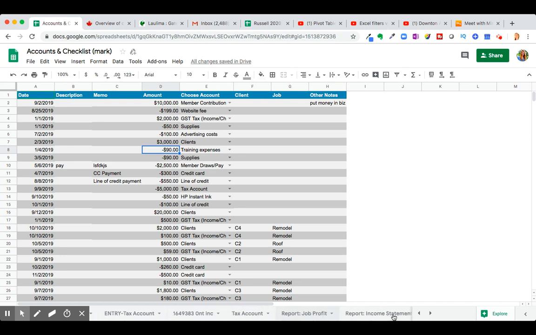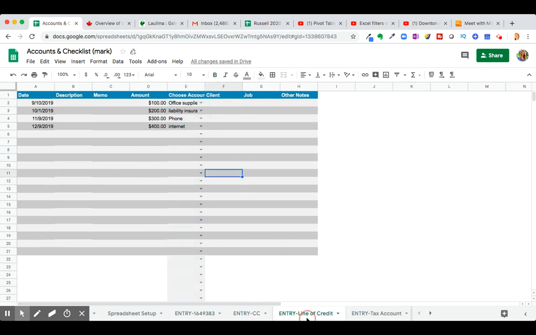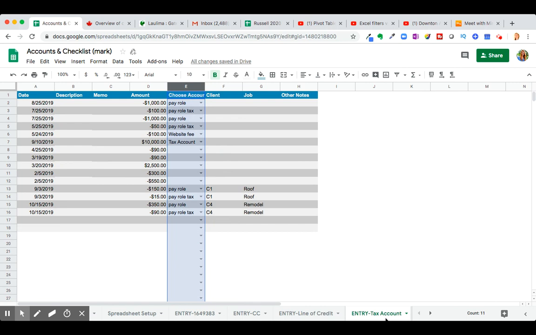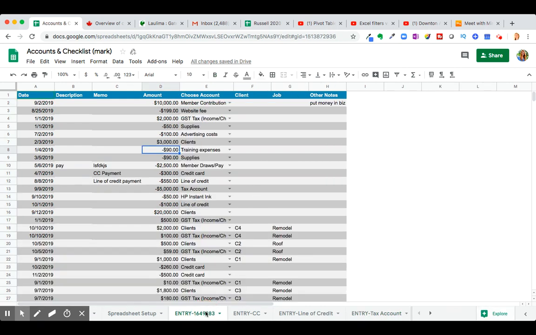instead of entering amounts on the month by month worksheet, all you'll do when you come in here is come to the entry worksheets for however you spent the money. So if you used your main bank account, you'll come to your entry main bank account.